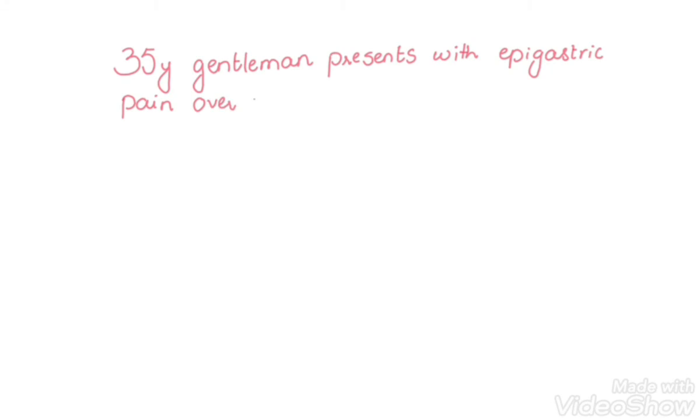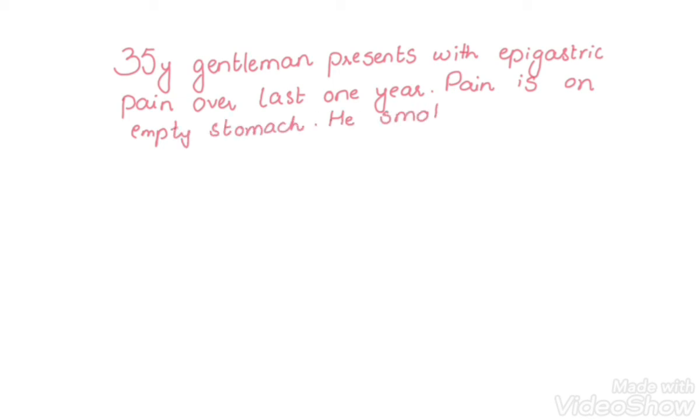A related scenario: a 35-year-old gentleman presents with epigastric pain over the last 1 year. The pain is mostly on an empty stomach. He smokes 20 cigarettes a day. This shows a risk factor for peptic ulcer disease.